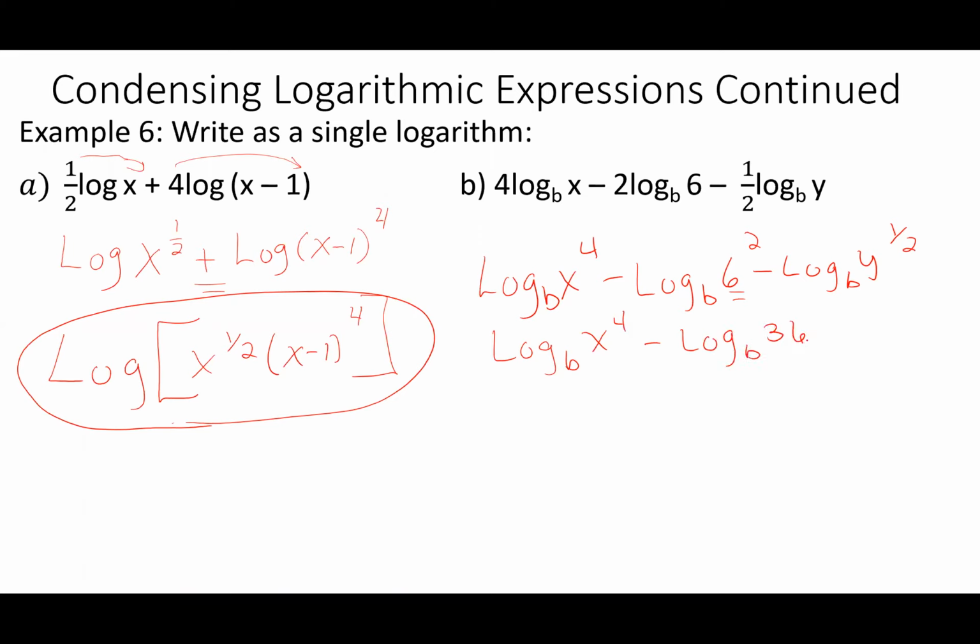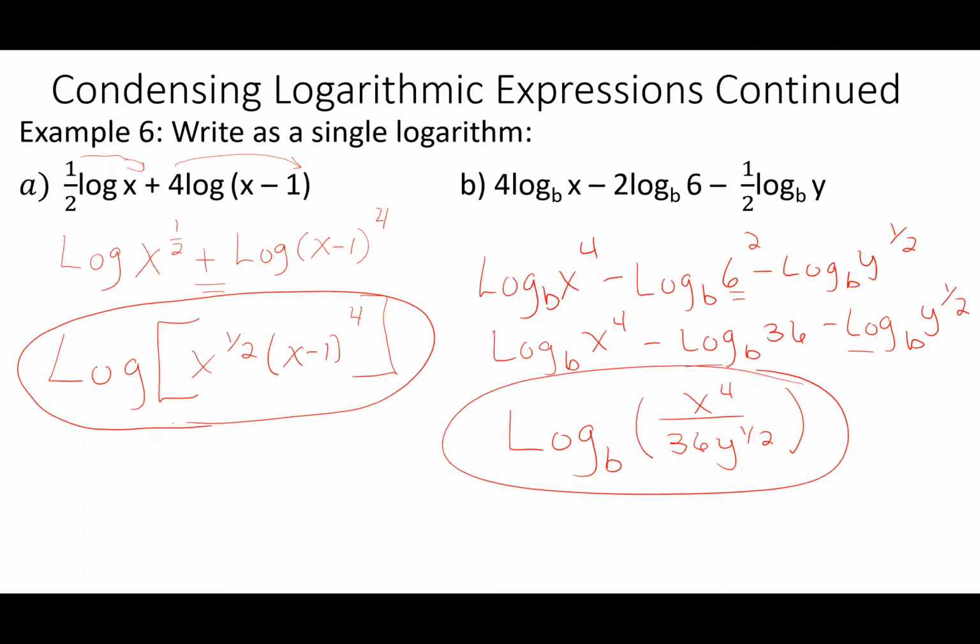And get 36. Writing it as a single log. Okay, my x to the 4th. And since both of these are subtracted, they both go on the bottom because they're both subtracted.